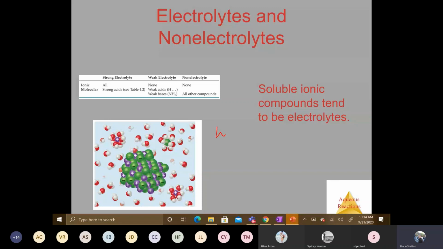All right, so you have weak electrolytes. Weak electrolytes do not dissociate completely. We call this a partial dissociation.